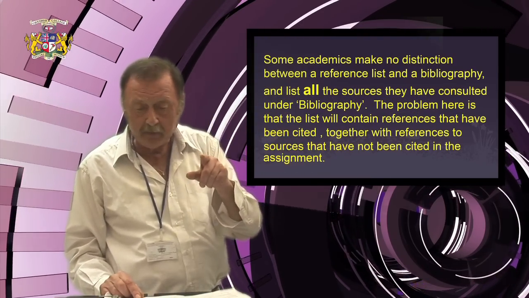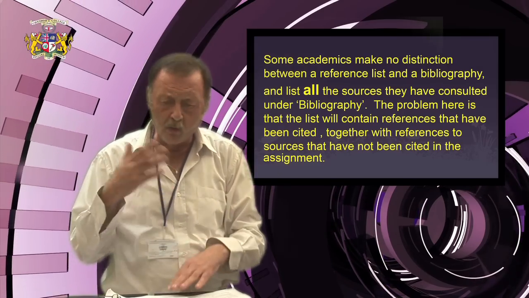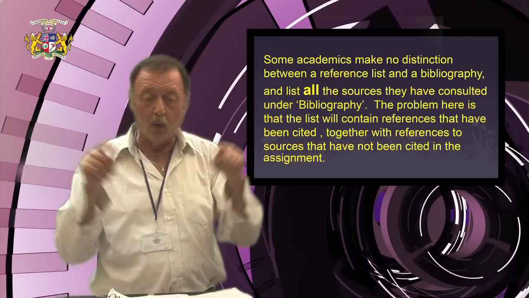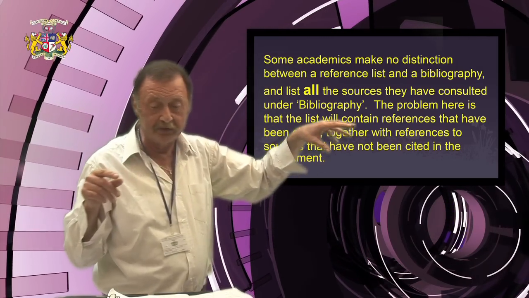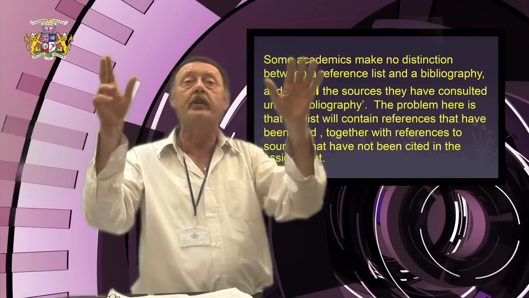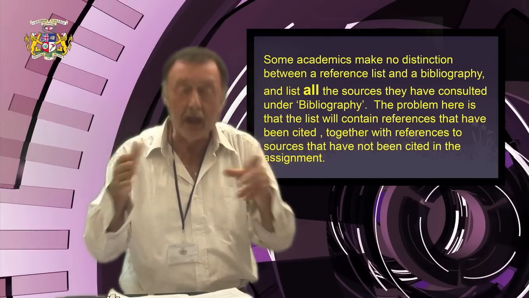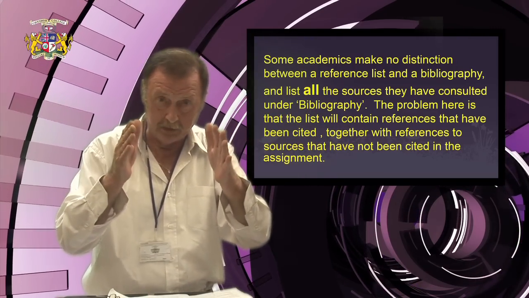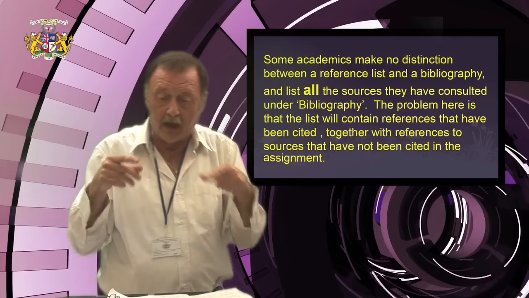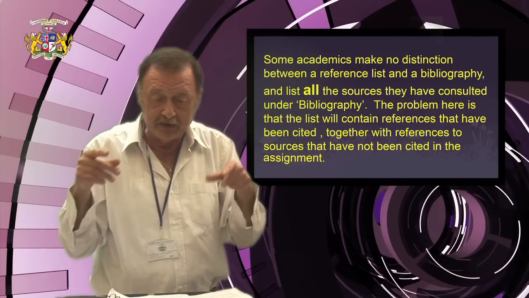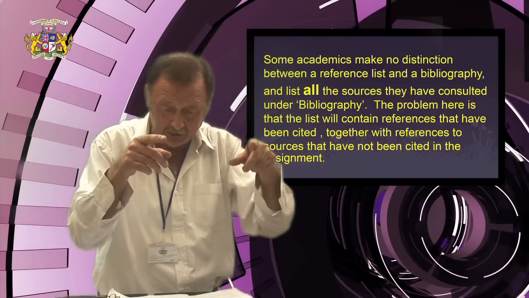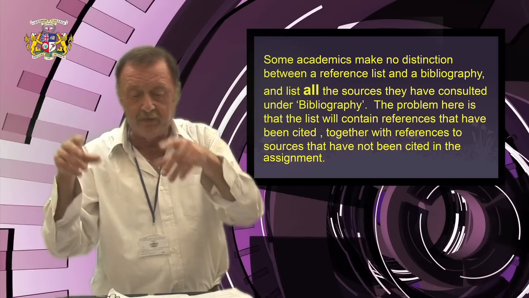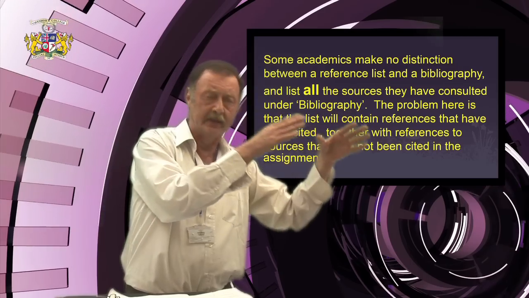Some academics make no distinction between a reference list and a bibliography, and therefore list all the sources they have consulted under the magic word bibliography. Now, if your tutor insists on that, it's no big deal, no problem. The problem, however, is that the list will contain references that have been cited in your work, together with references to sources that have not been cited in the assignment.